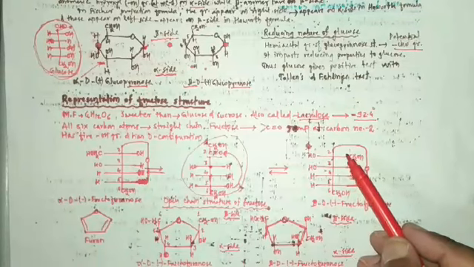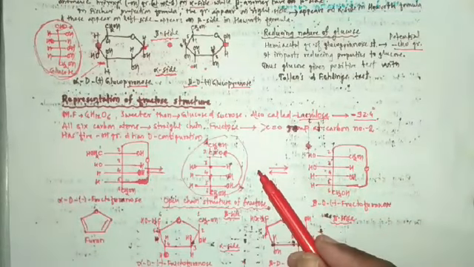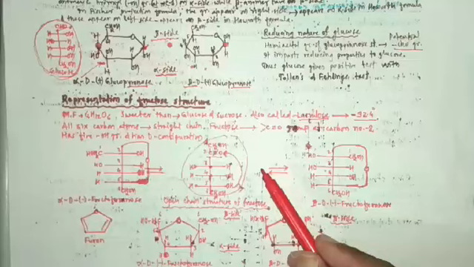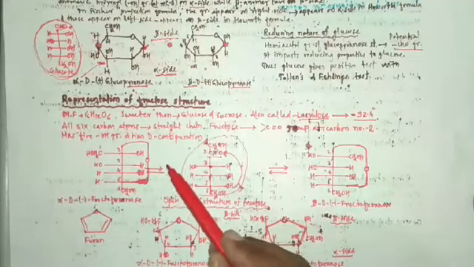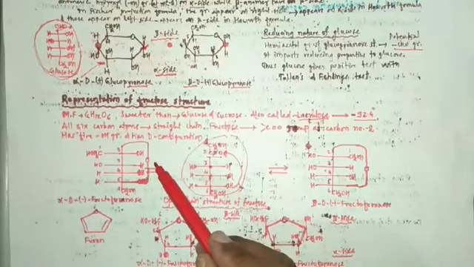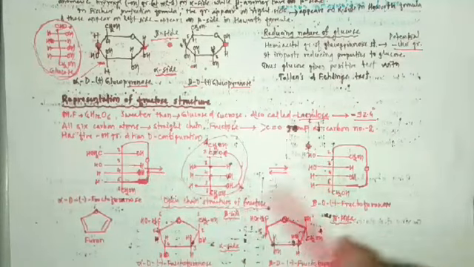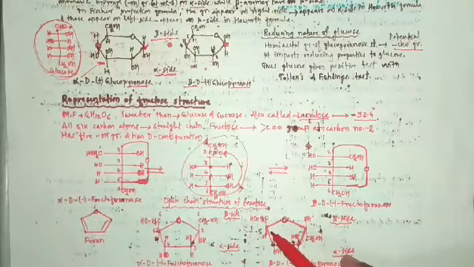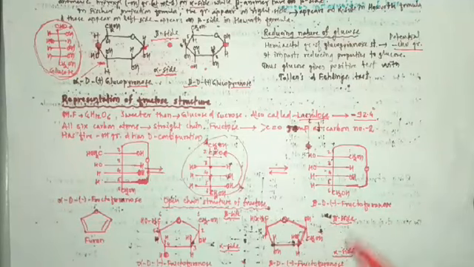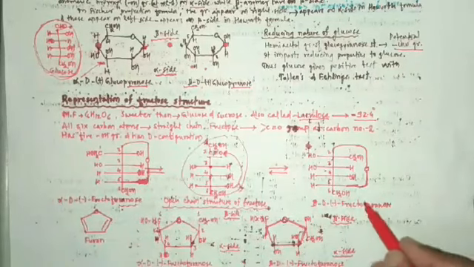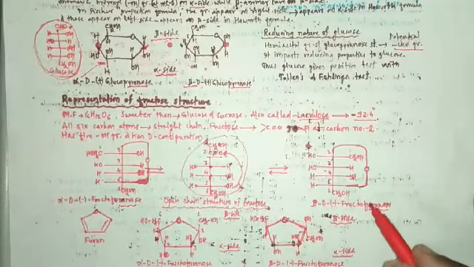The cyclic 5-member structures of fructose are called furanose structures. Why is it called a furanose structure?